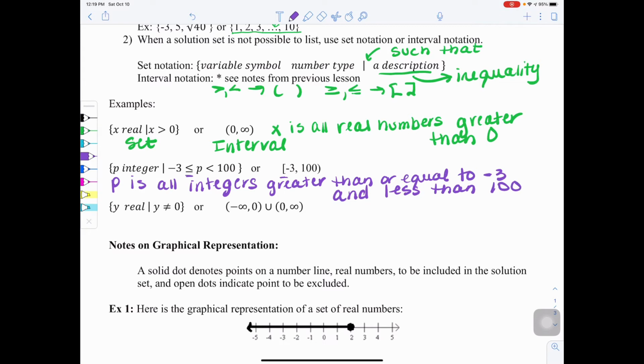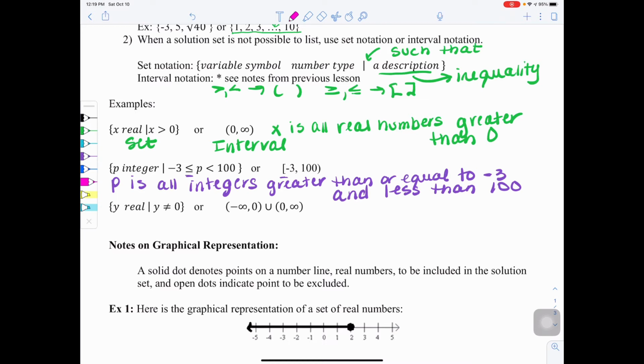Our next example, we have y real such that y does not equal 0. Similar to what we showed you in the previous lesson, in interval notation we start from -infinity and work our way up to 0, neither of them included. Then we union that with 0 all the way up to infinity. The shorter way to write this, if you recall, is just saying what you cannot be.